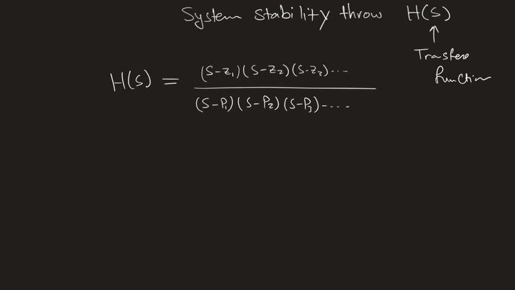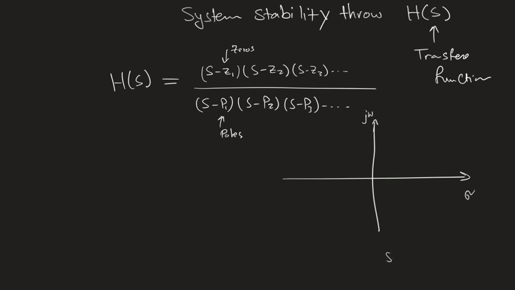We represent this in the complex domain by something called the poles and the zeros. So these are poles, and these are zeros of your system. So we go to the sigma j omega plane, that's our S domain. The real and the imaginary part of your S, right?